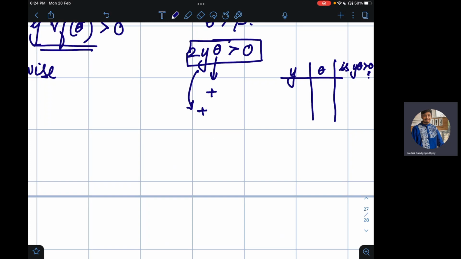So if y is positive and theta is positive, then it is true that y theta is greater than 0. If y is positive but theta is negative, then it is false. And similarly, if y is negative and theta is positive, then it is false. And if both are negative, then it is true.